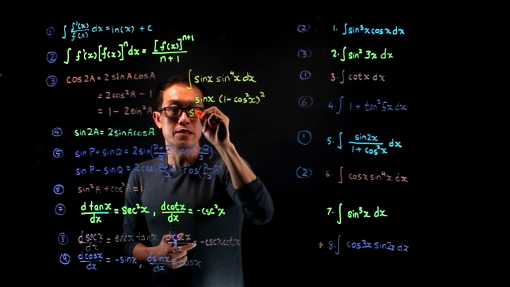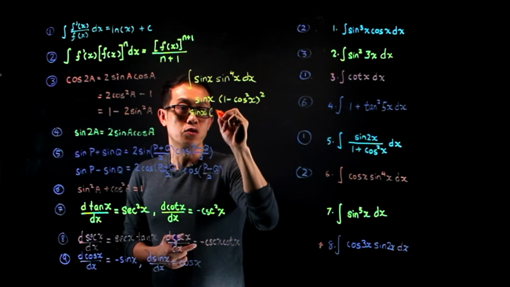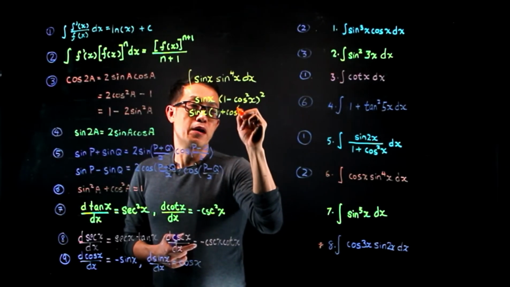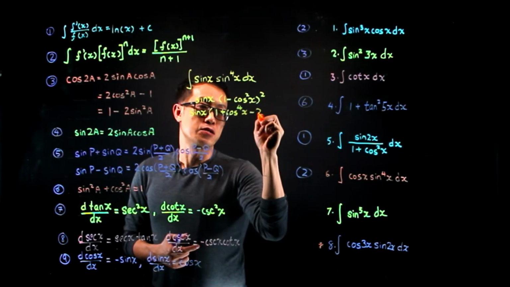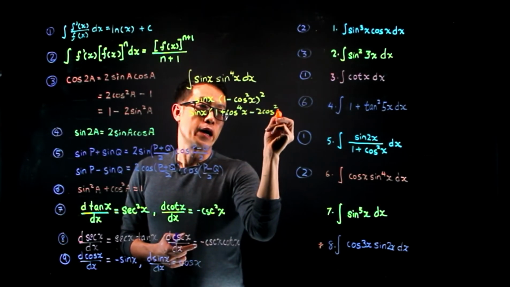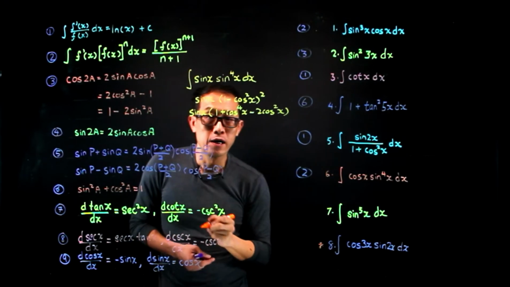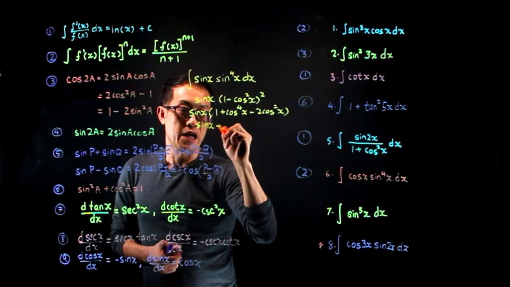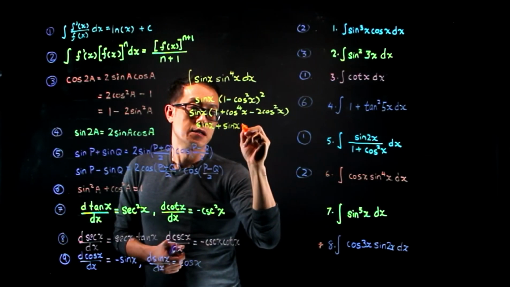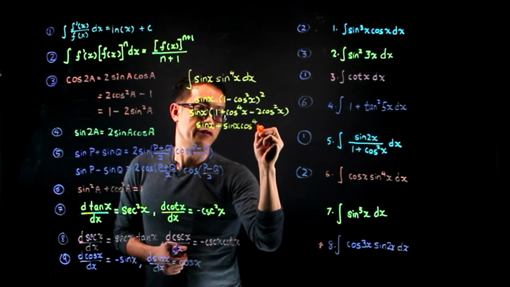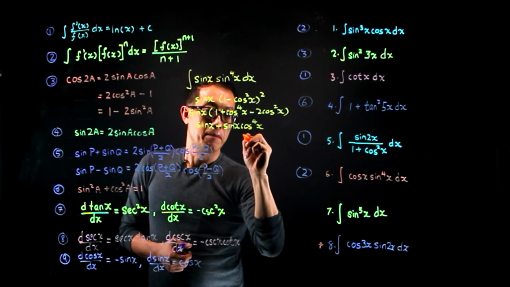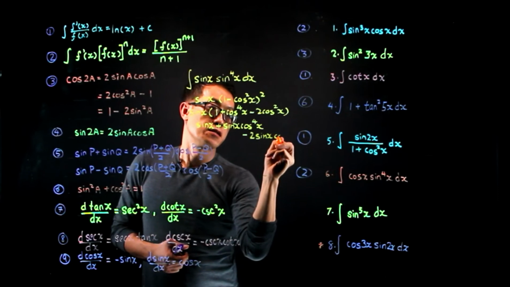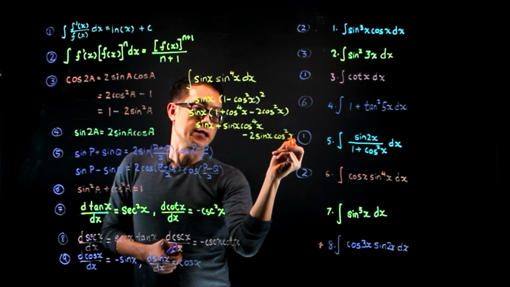And then you expand this out, you get sine x into 1 plus cos to the power of 4x minus 2 cos square x. Okay? Now then you expand further, you got sine x plus sine x cos to the power of 4x minus 2 sine x cos square x.